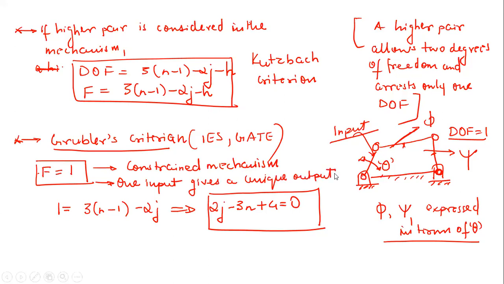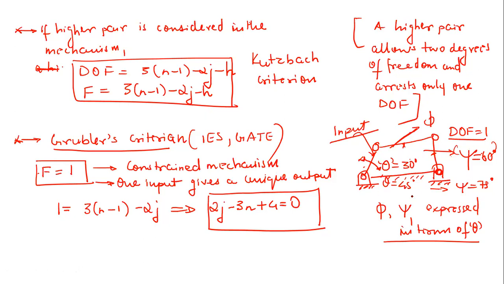Let's say if theta is 30 degrees, then psi will be, let's say, 60 degrees. If theta is 45 degrees, then psi will be, let's say, 75 degrees. So there is going to exist a unique input-output relationship in this mechanism. When you move this through 30 degrees, the output will always be 60 degrees. It will be a distinct value.